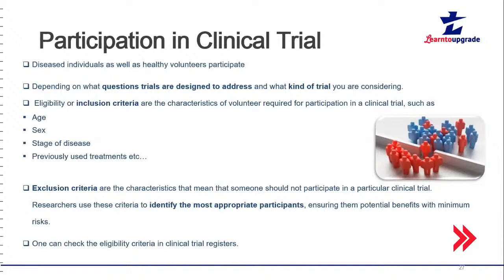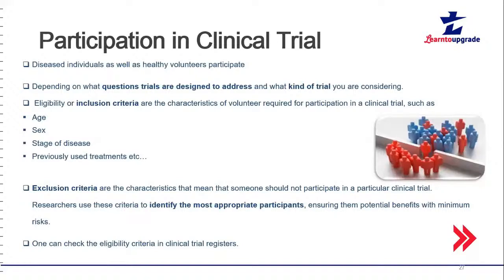Exclusion criteria are the characteristics that mean that someone should not participate in a particular clinical trial. If you are fitting the exclusion criteria, then you cannot participate. Researchers use these criteria to identify the most appropriate participants.